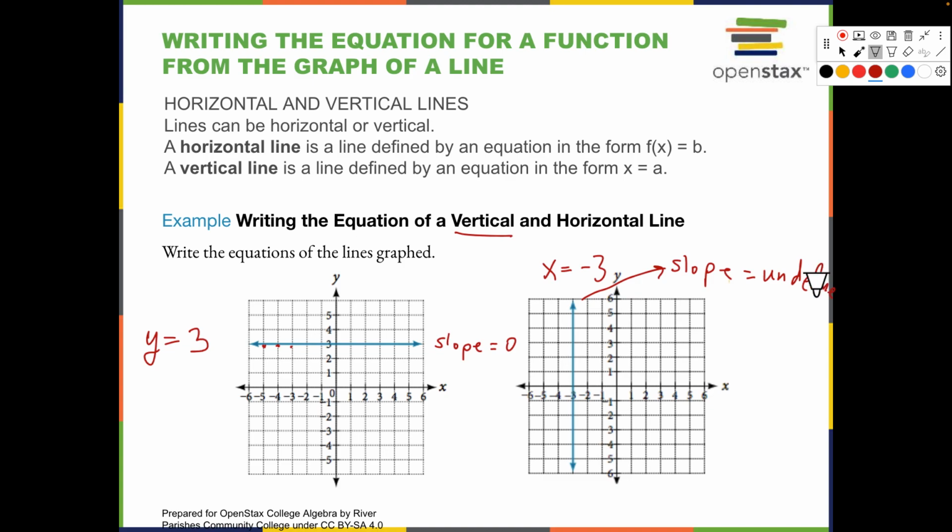If you were to define it, it would be an infinite slope because it's going straight up. So it's actually the quickest change. It's going straight up. Sometimes it helps to think of it as infinity, because then that helps differentiate between the vertical line and the horizontal line. Horizontal line has no change. Vertical line is all change.